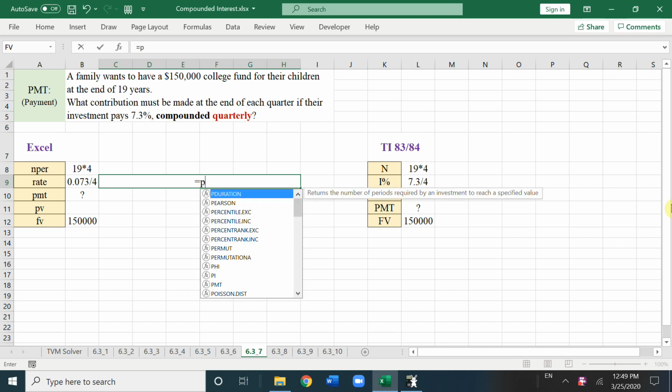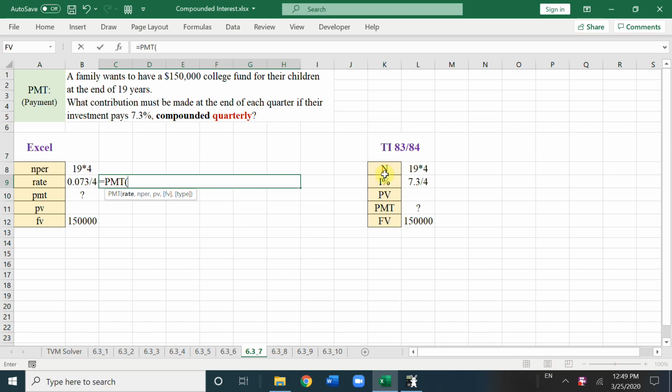So PMT, rate is 0.073 divided by 4, NPER is 19 times 4. And the PV is not given, so we put 0, and FV is 15 and 4 zeros. And the default is end of the period, so we just directly enter. So you need to pay $9.27.